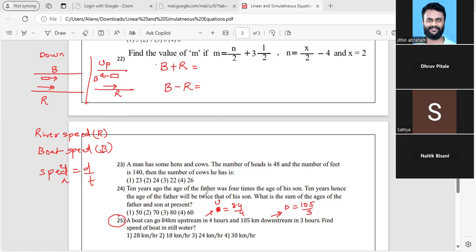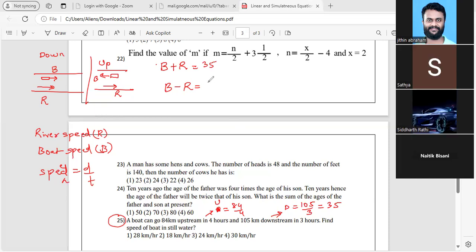So downstream, your speed is how much? 105 divided by 3 is 35. So in downstream, your speed is 35. And 84 divided by 4 gives you how much? 21. Yeah, 21. So these are your equations.